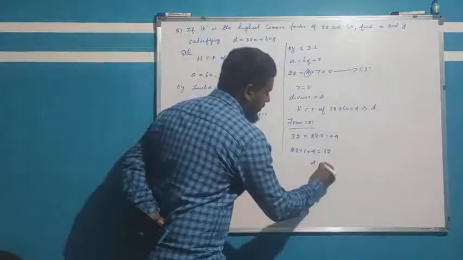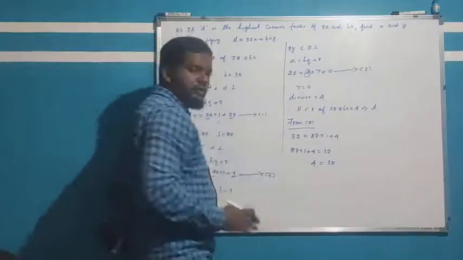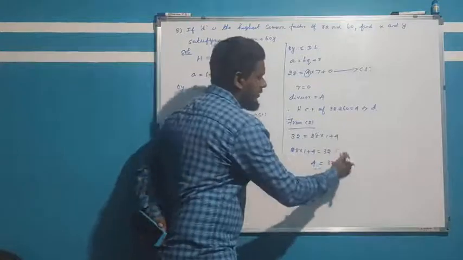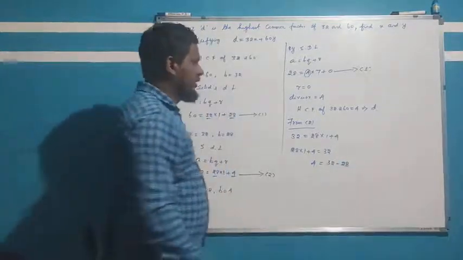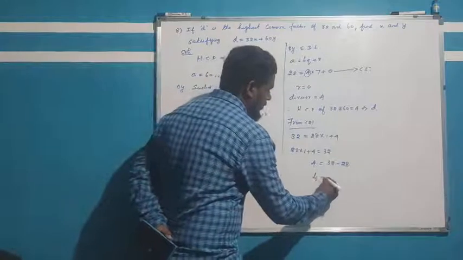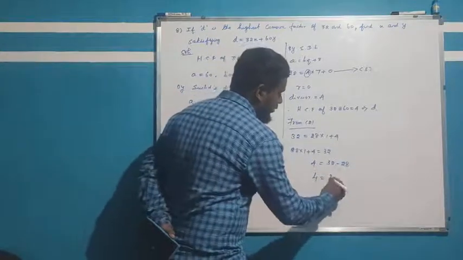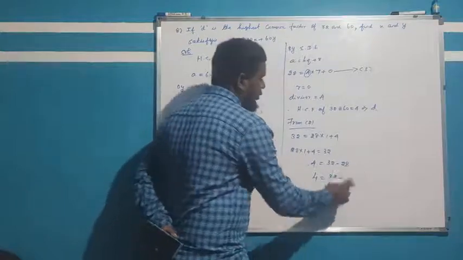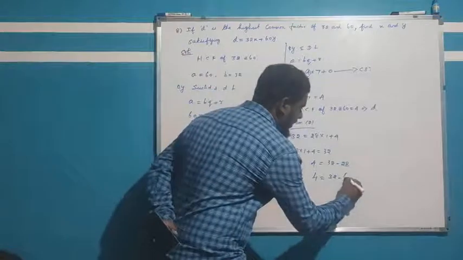Then 4 is equal to 32 minus 28 into 1, 28 only. So 28 we can take across as minus 28. Now how can we write 28?